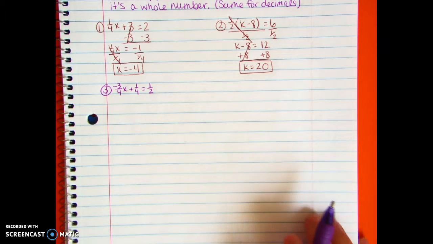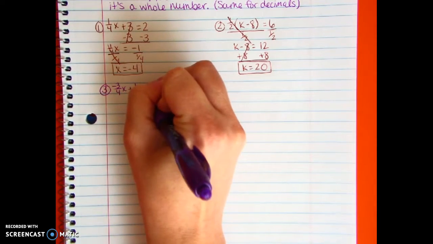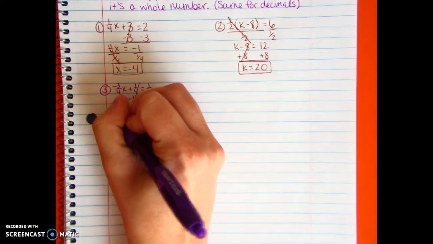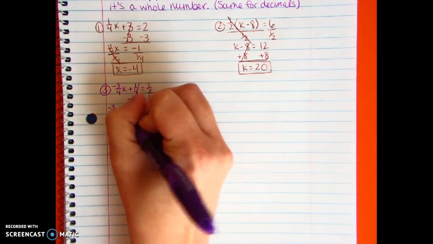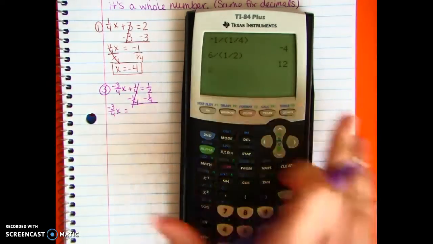Okay, so this one I'm going to subtract 1/4 first. That gets me -3/4 x equals, and get your calculator, if you want to do it by hand, you can do that as well.